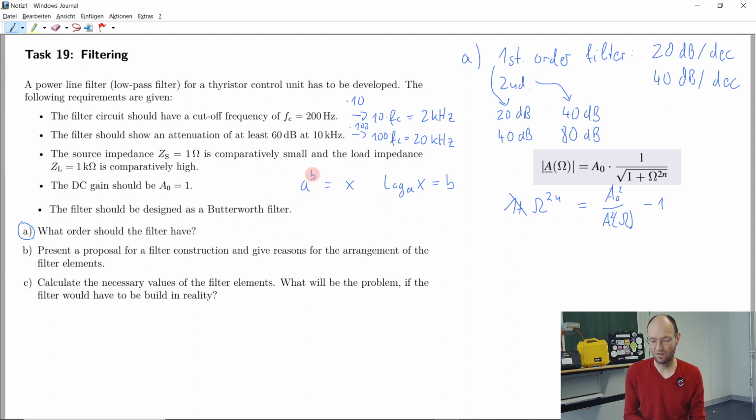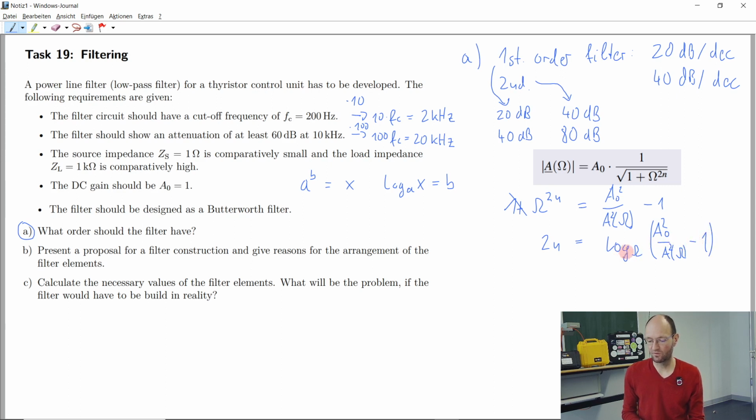And so now we want to have this b there. So it's the logarithm of this x to the base of a. And in our case, this base is omega. So 2n should be the logarithm to the base of omega of A0 squared divided by A of omega squared minus 1.